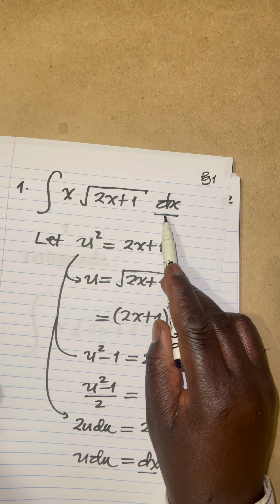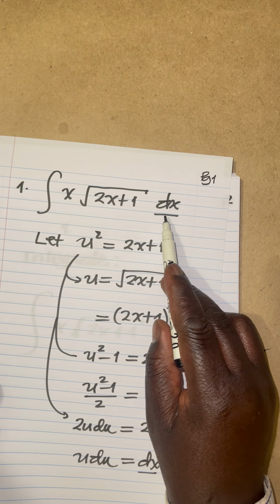Distributing u squared, we have half outside, the integral of u to the power 4 minus u squared, and then we have du outside. Distributing the integral and du, keeping half out, we have the following.